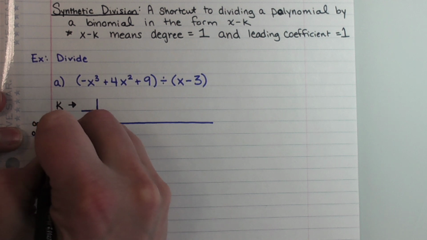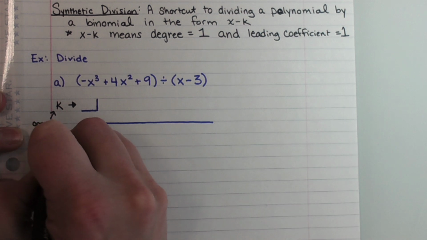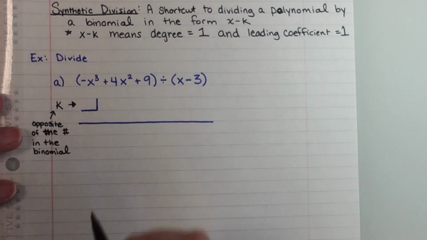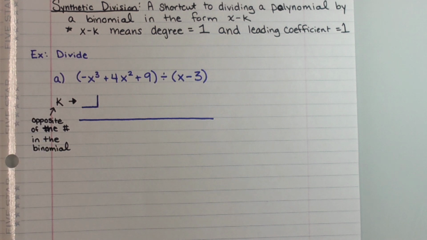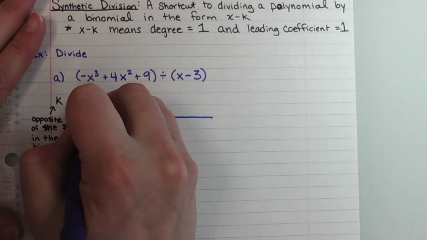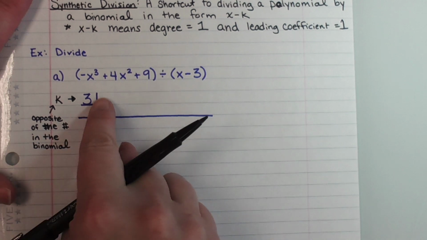Oops, I forgot the word the before. The fact that it's got the minus is telling us it needs that opposite. I've got minus 3 right here. Opposite of negative 3 is positive 3. That's what goes there.